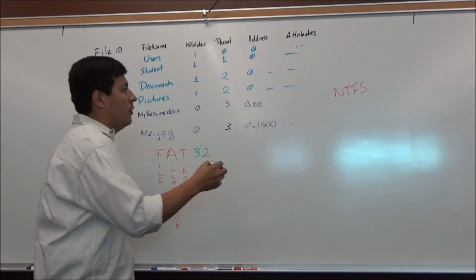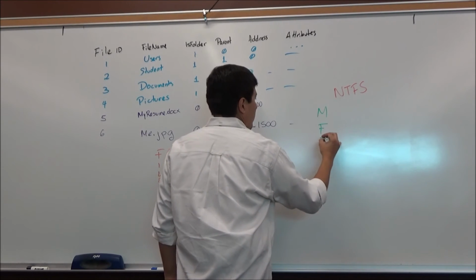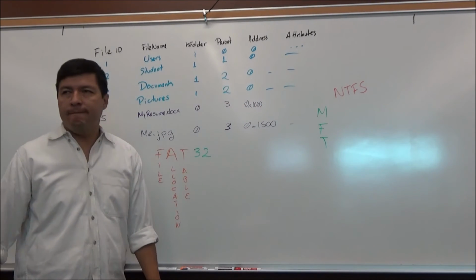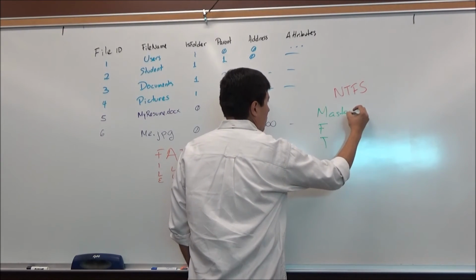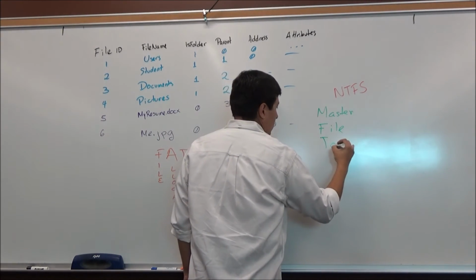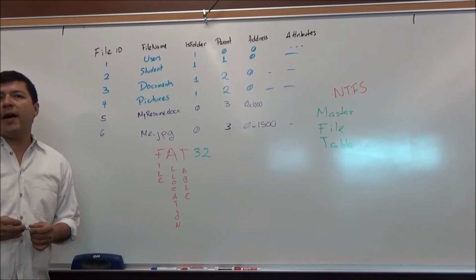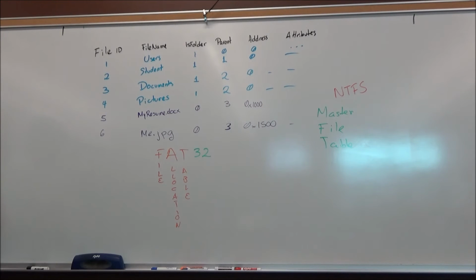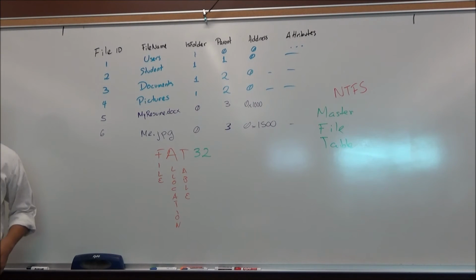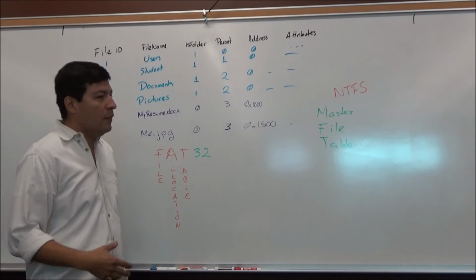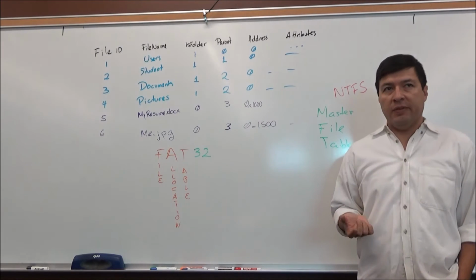It's called MFT, and that stands for Master File Table. So this master file table hopefully is located at the beginning of the disk, and that way when the drive is looking for something, you can find it always in the same spot.